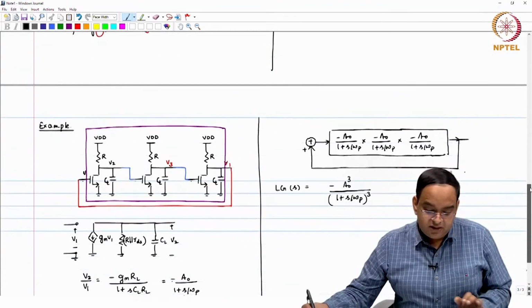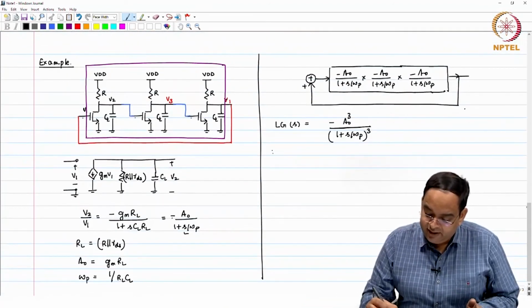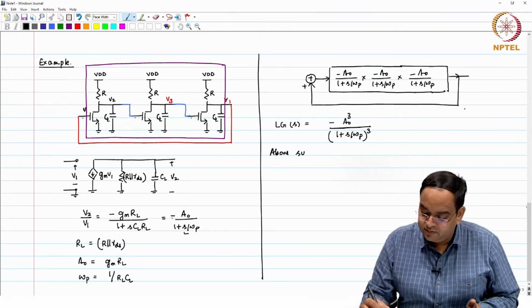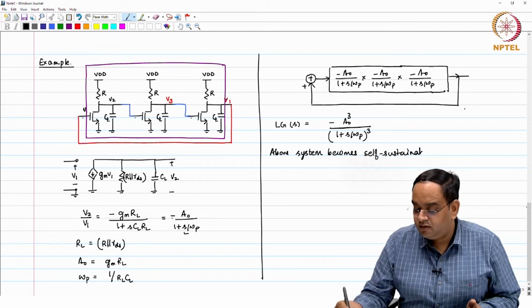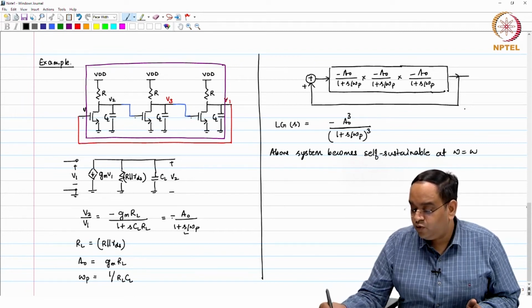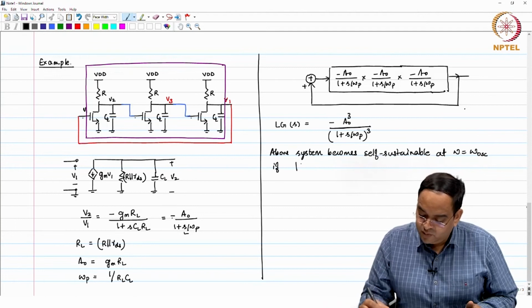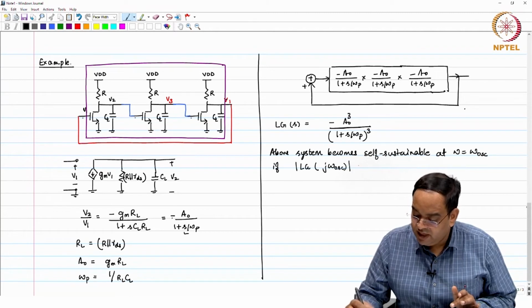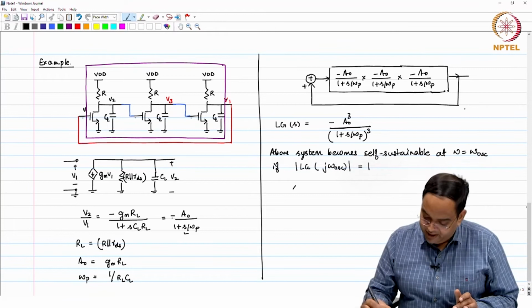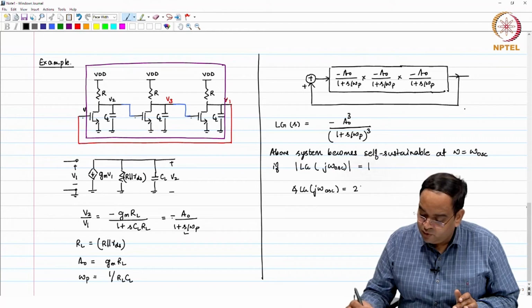As per Barkhausen's criterion, this system becomes self-sustainable at omega equal to omega oscillation, if the modulus of loop gain at j omega oscillation is equal to 1 and the angle of loop gain at j omega oscillation is equal to 2 k pi.